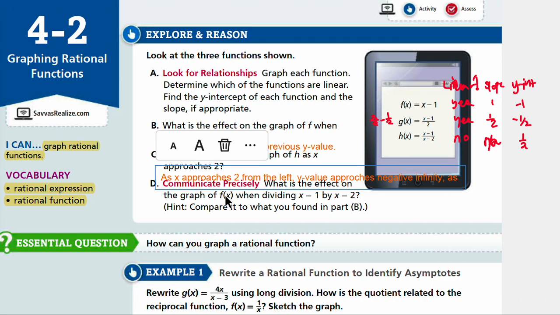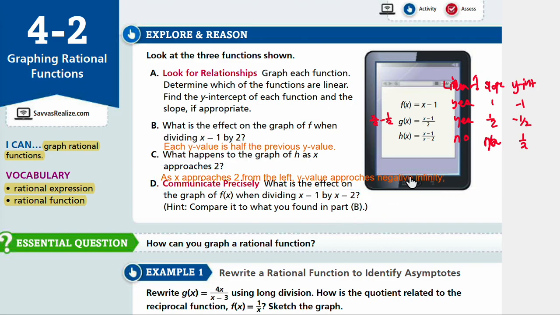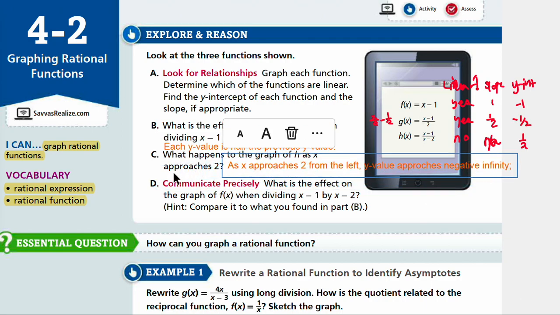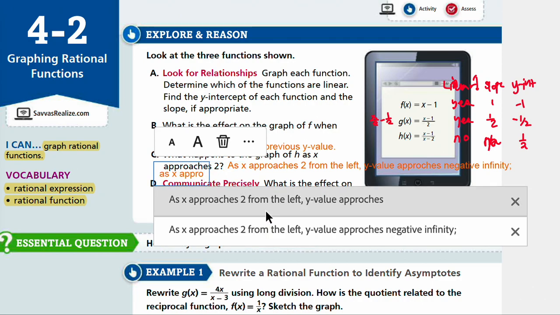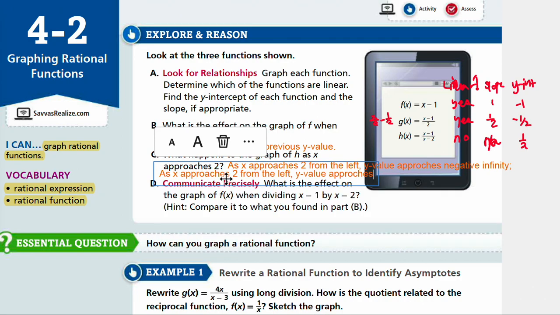And as x approaches 2 from the right, the y value approaches positive infinity.